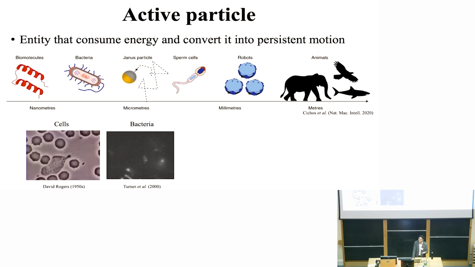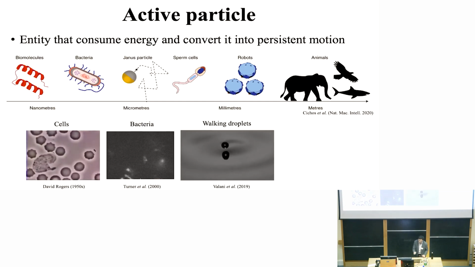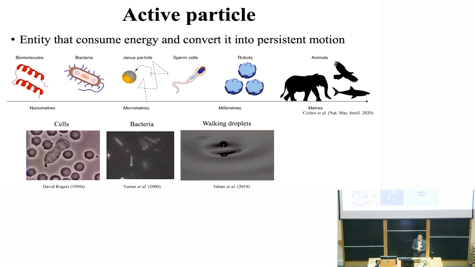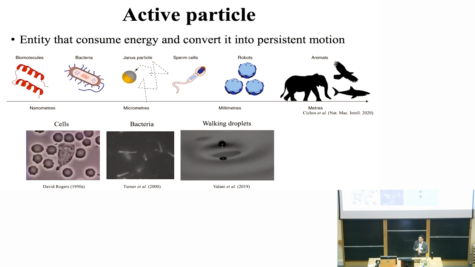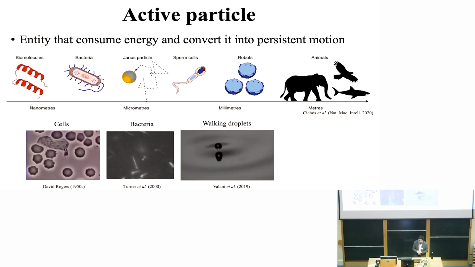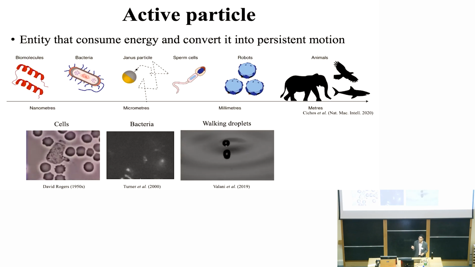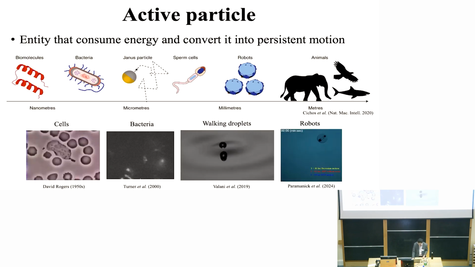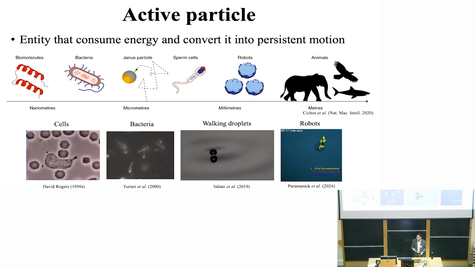You can also have synthetic systems and synthetic active particles as well. One example here are these millimeter-sized walking droplets, which we'll explore in detail a bit more later. But to give you an overview now, these are droplets that walk horizontally while bouncing on a vibrating liquid bath. Another synthetic system are these millimeter-sized robots.